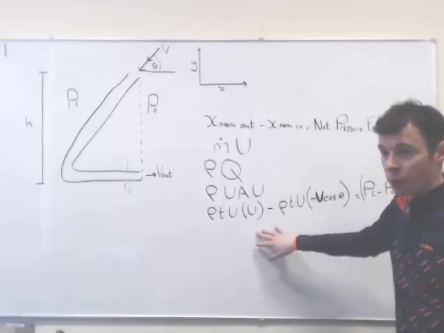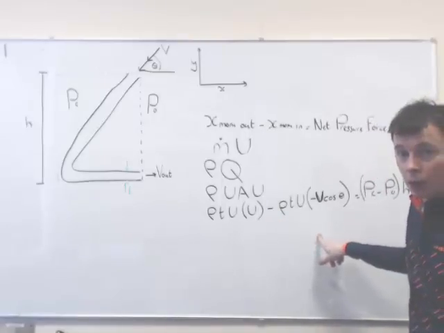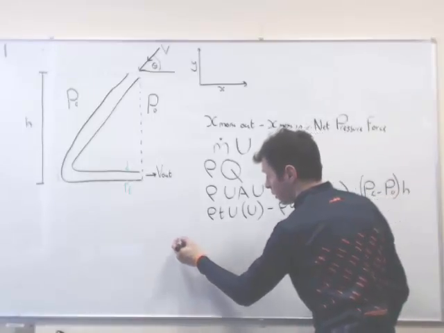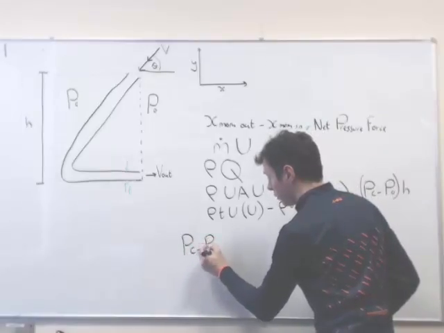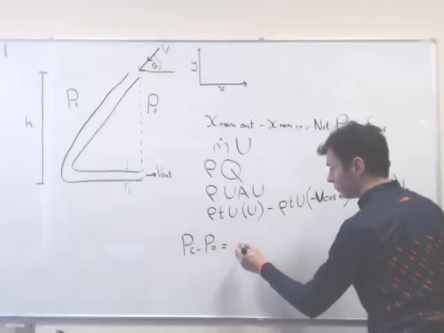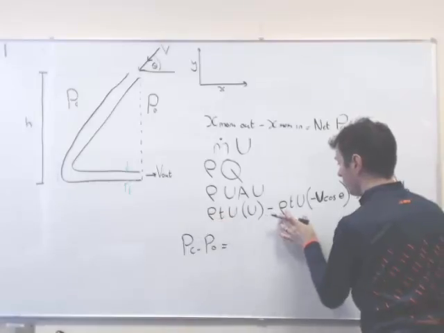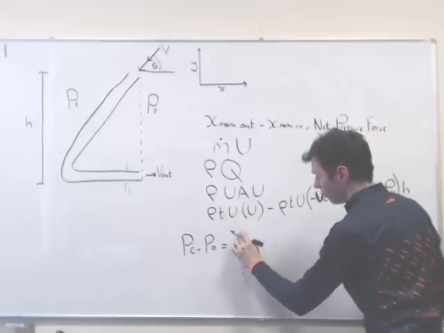Now effectively what we can do is just rearrange that expression to give you the answer in the workbook. So if we take PC over this side, or the differential pressure, sorry, PC minus P0, we can take the rho t u out.